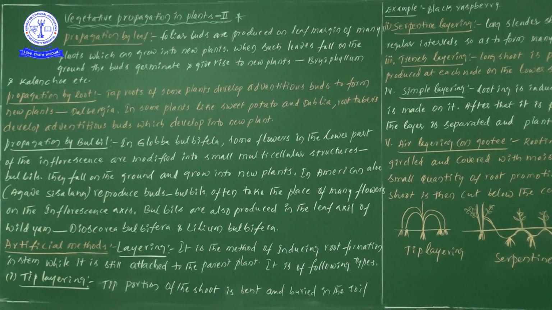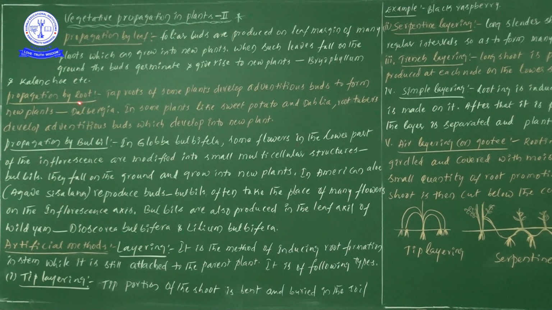Now say along with me: Bryophyllum, Begonia, and Scilla indica. So in different types of plants, even leaves help in vegetative propagation. For the propagation of plants, the involvement of leaves is definitely there.